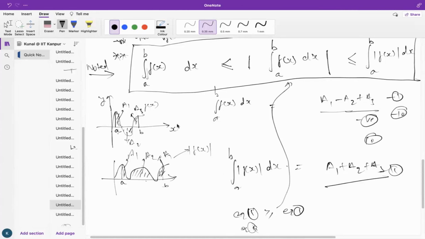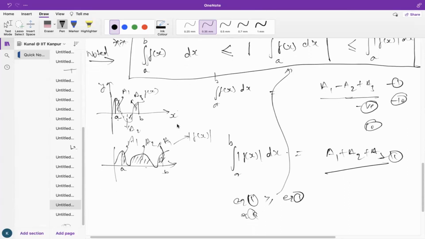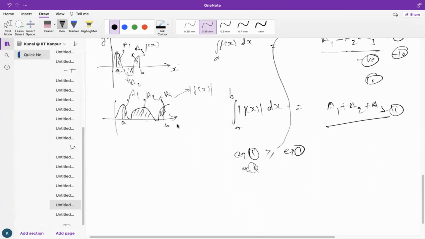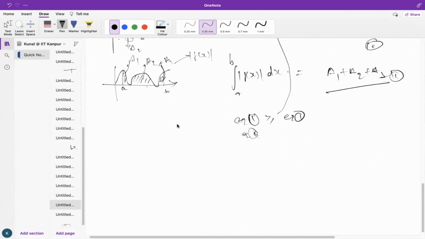Now let's move on to the next thing. There is a question about what equality holds when the function is above or below the axis. That will be taken as a case.